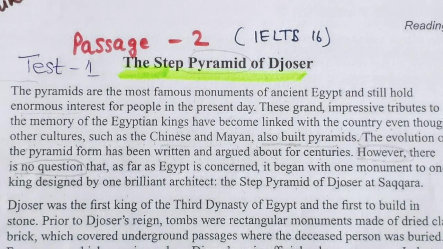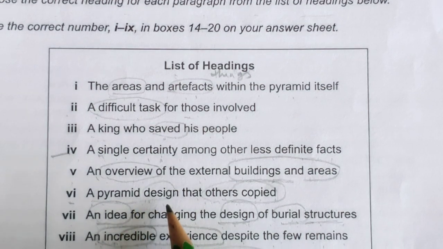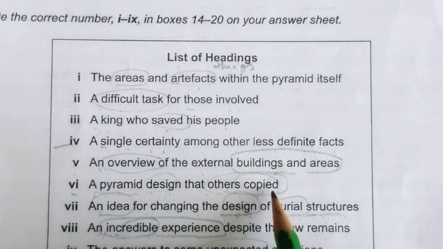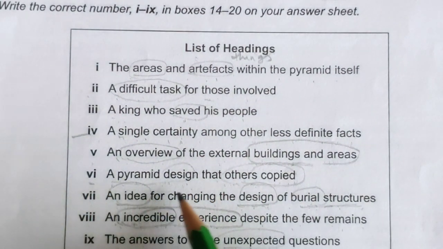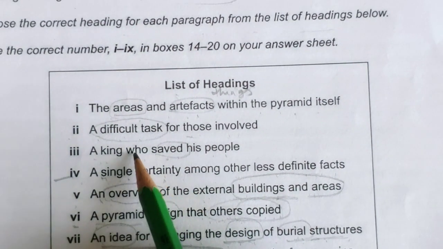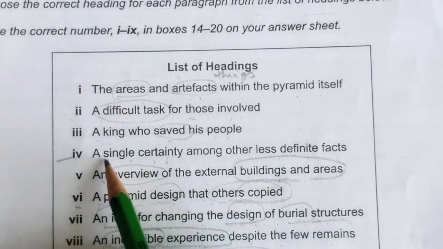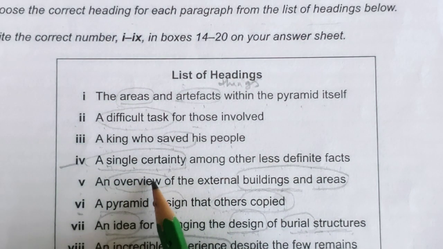Okay, so let's go to this thing. The pyramid design: they are not talking about any design that others copy. For that, you may be confused with this and the other option. So I can just look at this option: a single certainty, because there is no question about Egypt.